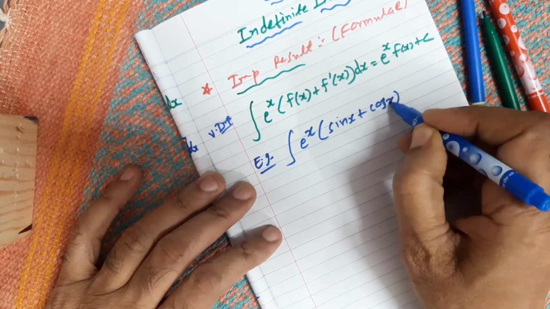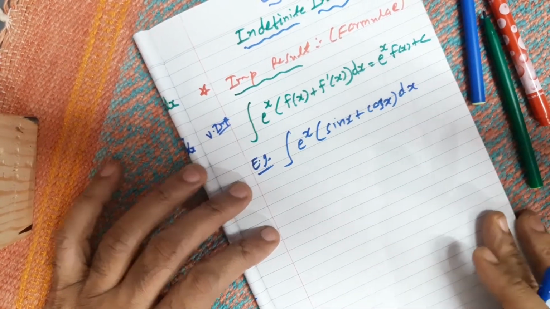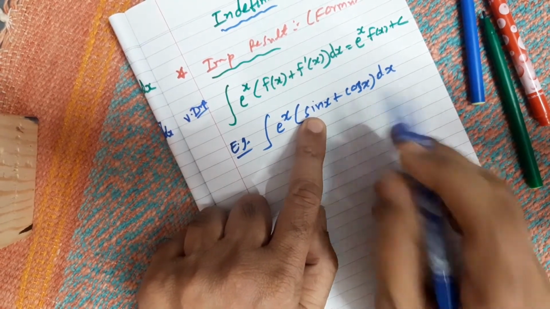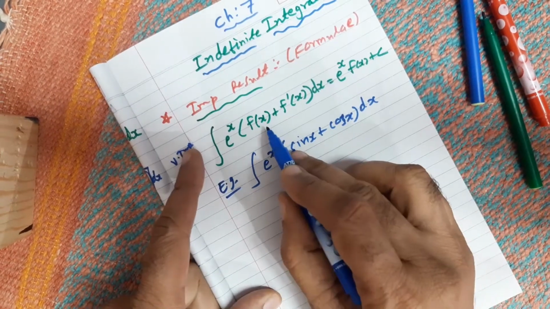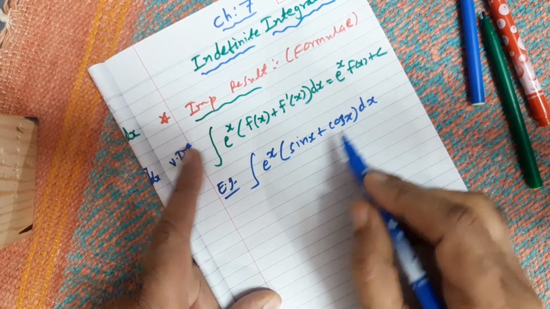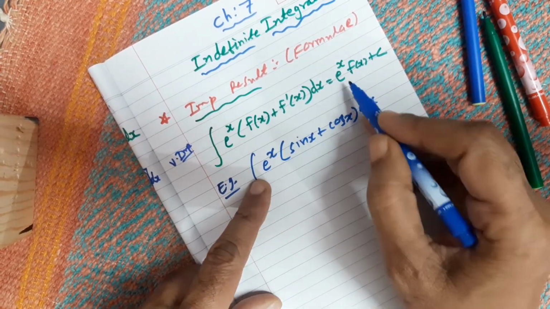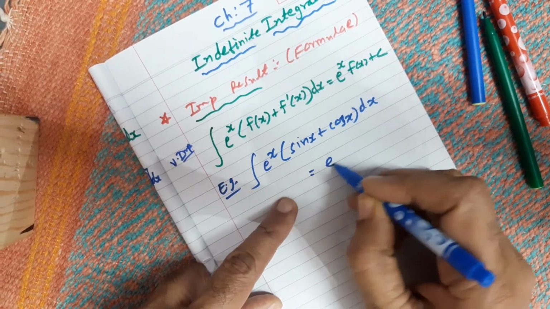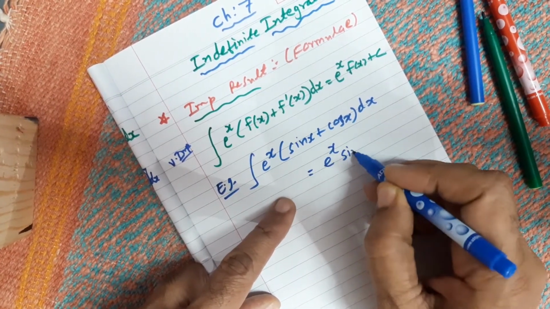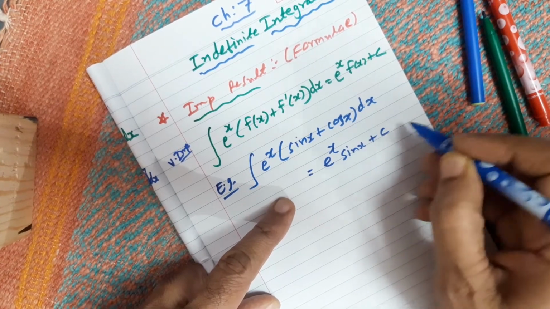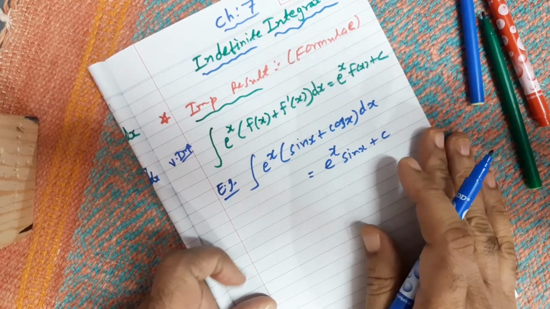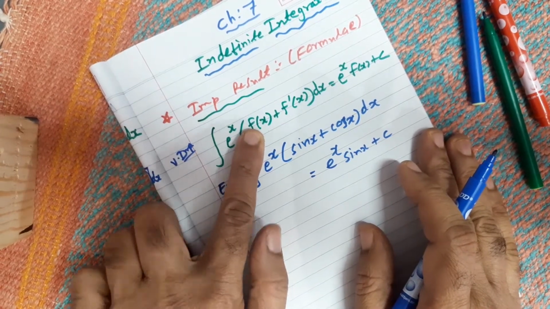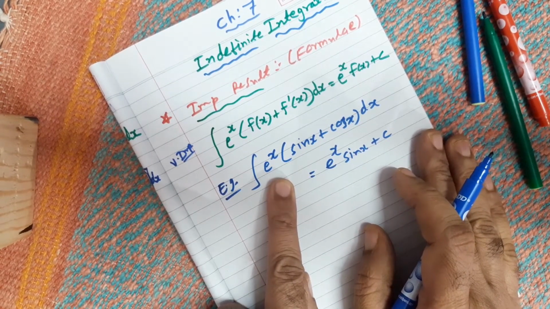What's your observation? The derivative of sin x is cos x. Easy, right? So it is f(x) plus f dash x, and e raised to x is also there. So the answer is e raised to x f(x), that is, e raised to x sin x plus c. That's all. This is the way we have to use this result. This is just a basic example I am giving.